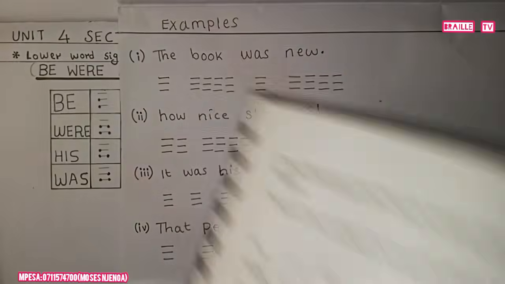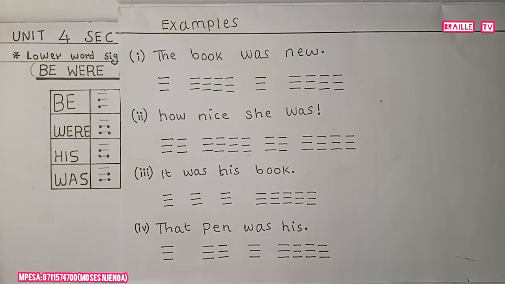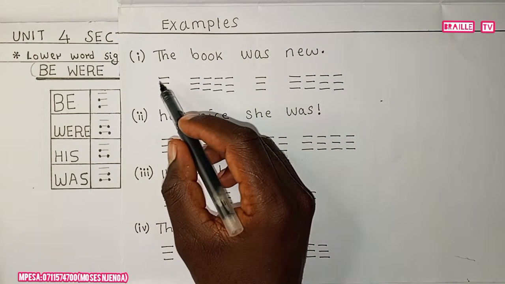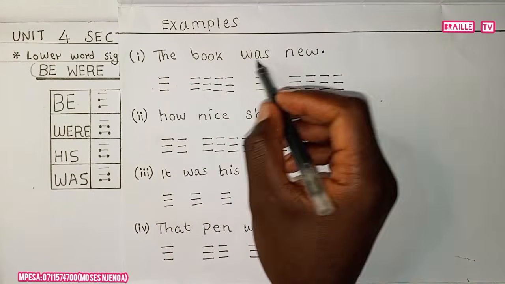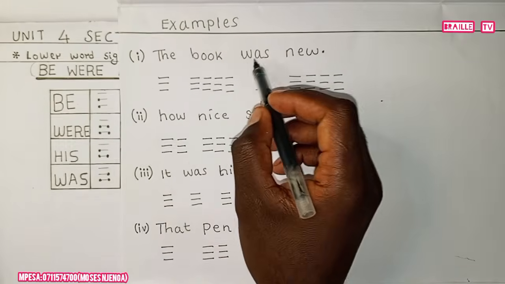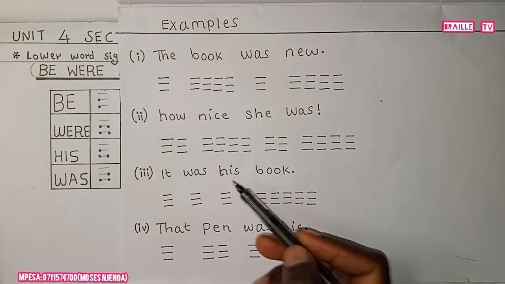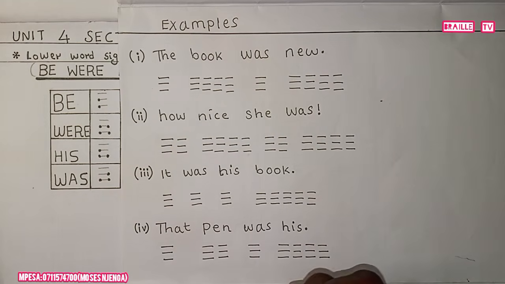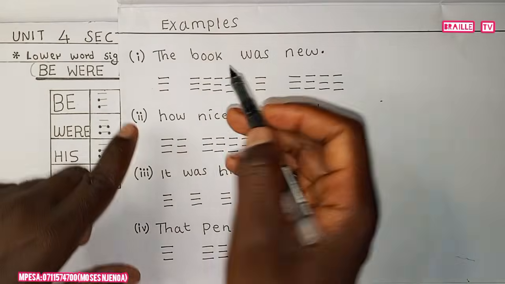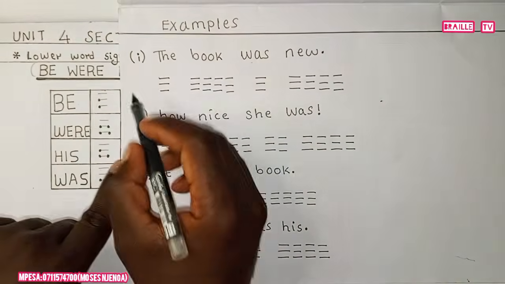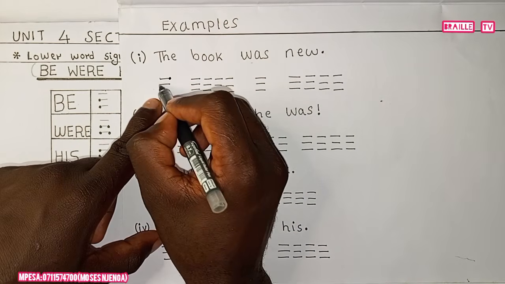Good. Now I've written those examples here already, and let us look at them very fast, and then we are going to understand. The first example is: the book was new. Remember, we are looking at was, his, and were. The book was new, so you are going to contract there.